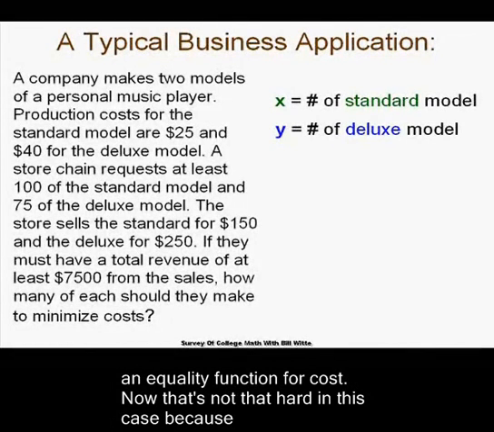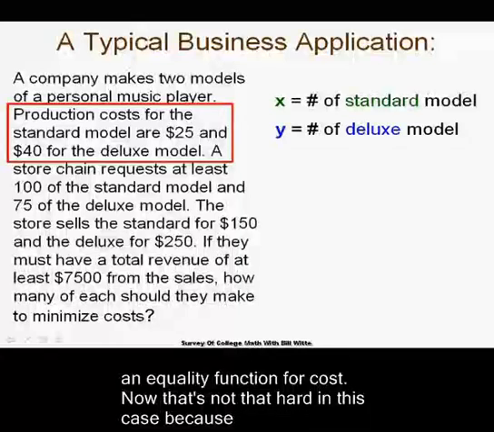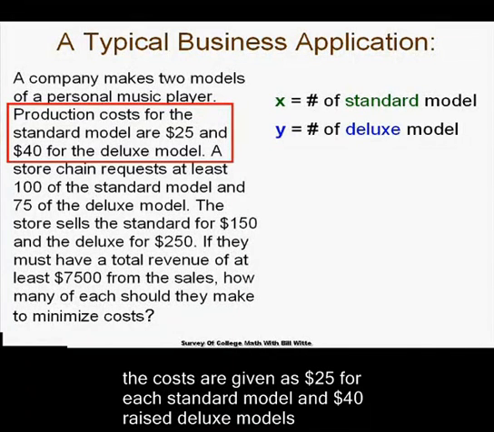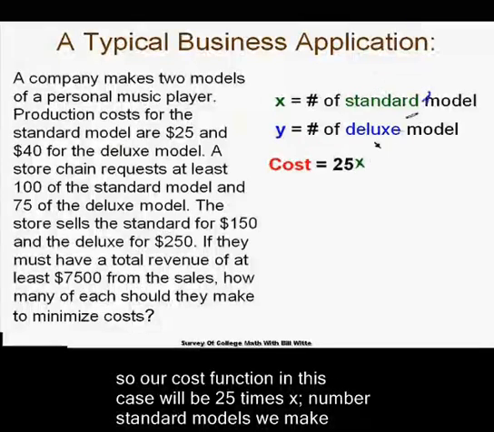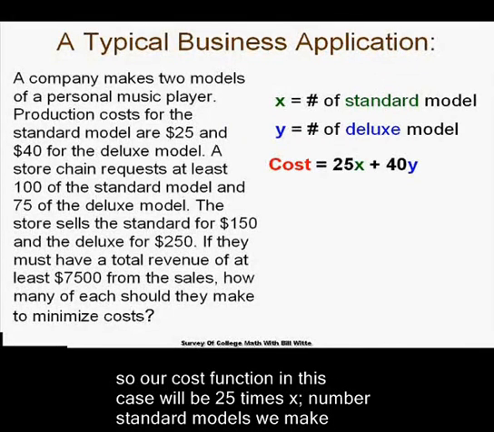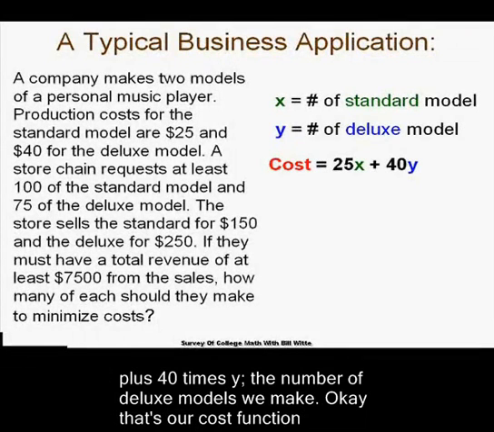Now that's not that hard in this case, because the costs are given as $25 for each standard model and $40 for each deluxe model. So our cost function, in this case, cost is going to be 25 times X, the number of standard models we make, plus 40 times Y, the number of deluxe models we make.